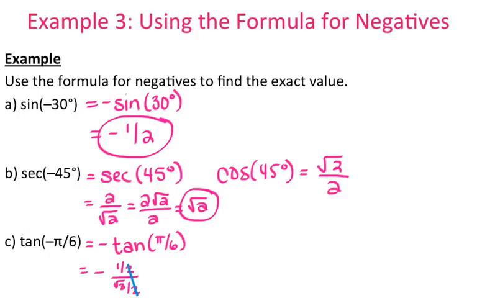Denominators are the same, so they cancel. So that leaves you with negative 1 over root 3. But again, can't have radicals in the denominator. So that's negative root 3 over 3. So there are the exact values of the negative angles.